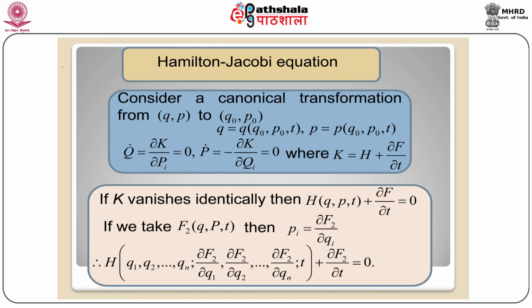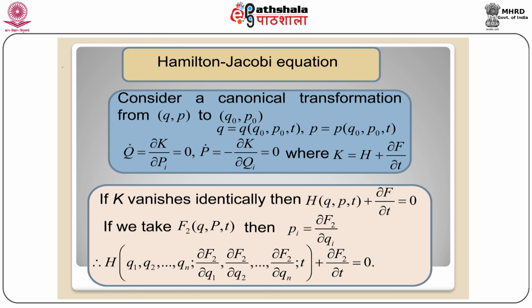Now, we shall discuss one important equation, Hamilton-Jacobi equation. Consider a canonical transformation from the coordinates and momenta small q and p at the time t to a new set of constant quantities, which are small q0 and small p0. The initial values at t equal to 0 of small q and small p, that is q0 is the initial value of small q, whereas small p0 is the initial value of small p.